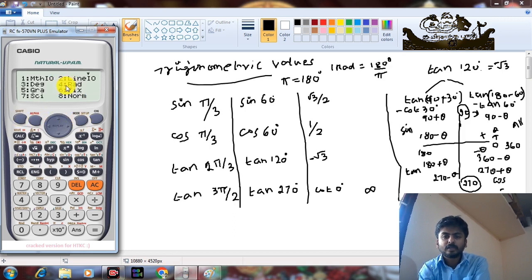If I am not going to use this radian mode, the sin pi by 3 answer will be wrong in trigonometry. So there are two modes. In 3 we are having degree mode, and in 4 we are having radian mode. If you are using radian mode, you are not supposed to use sin 60, cos 60, all those things.